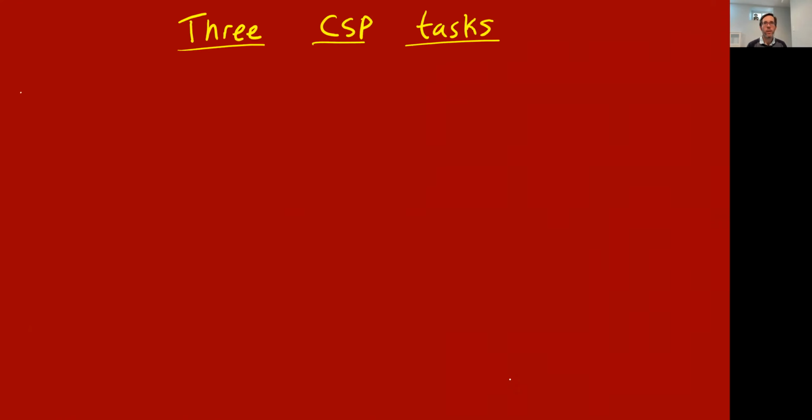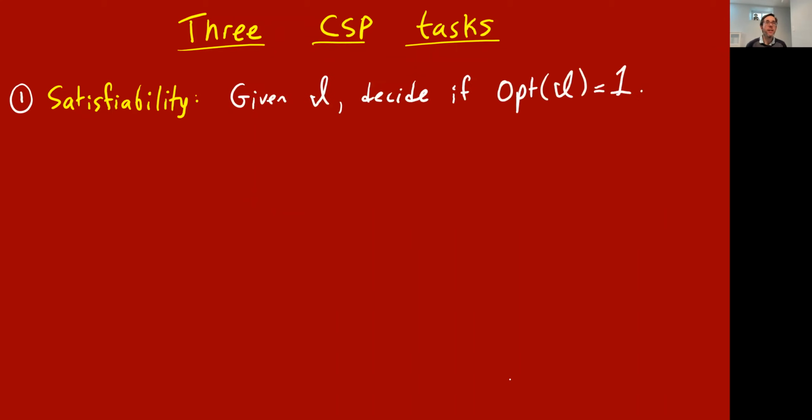Okay, so I'm going to talk about 3 algorithmic tasks associated with CSPs. One task given a CSP is the satisfiability task. And that's a simple task. You're given the instance, and you just want to decide if it's satisfiable, if the optimum value is 1. This is the classic task associated with the 3SAT problem.